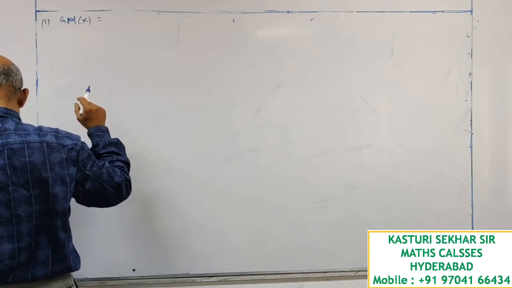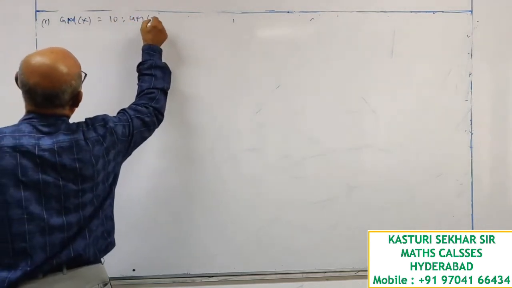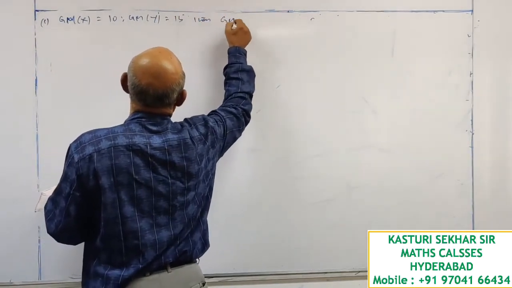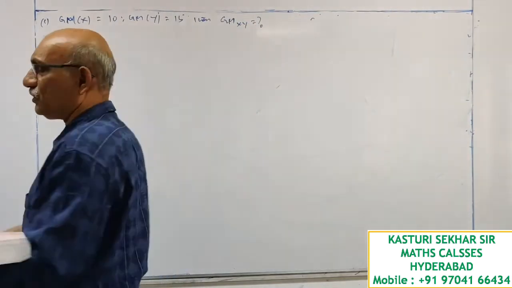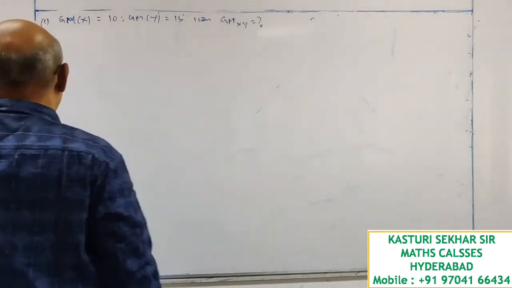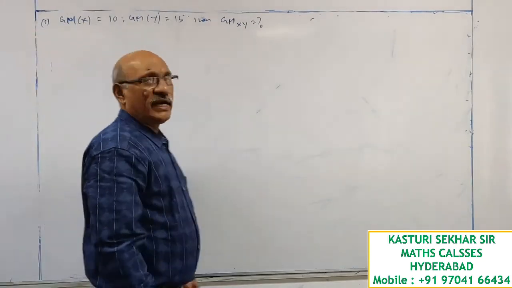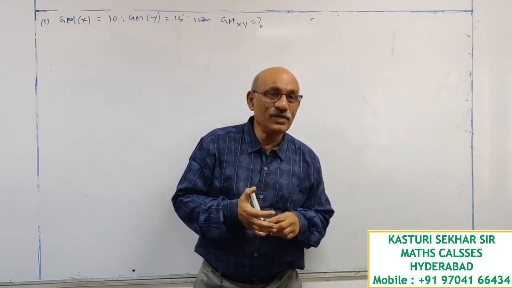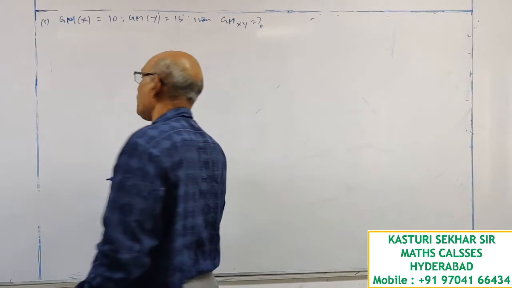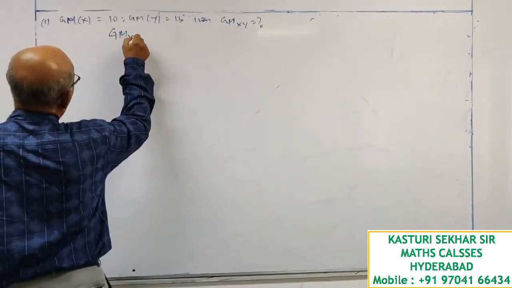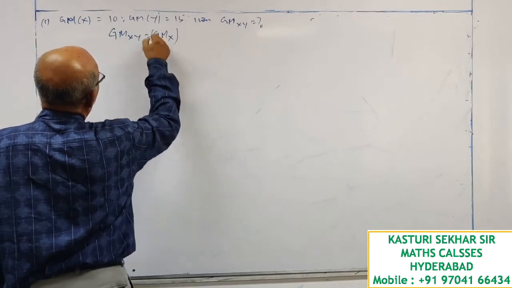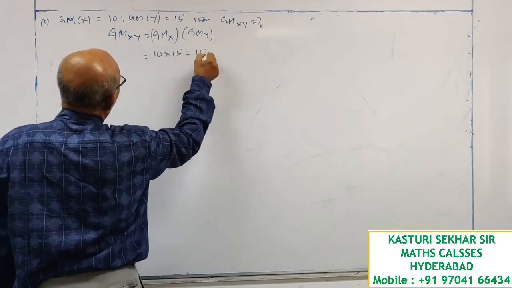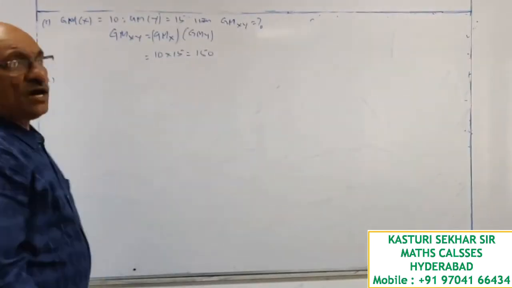Geometric mean of x is equal to 10. Geometric mean of y is equal to 15. Then geometric mean of xy is equal to question mark. Geometric mean of product of two variables is equal to product of their geometric means. So GM of xy is GM of x into GM of y, 10 into 15. 150 is the answer.